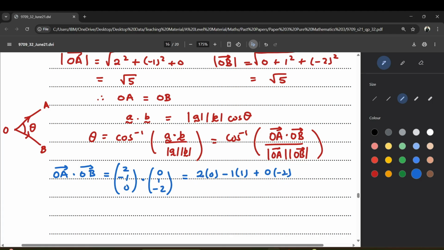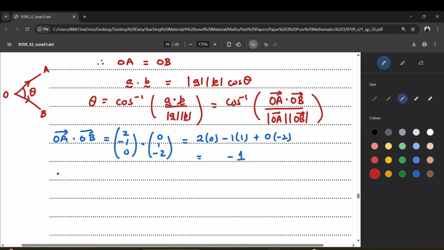So this becomes 0, this becomes 0, so that will be minus 1. Now I can calculate my theta. So that will be cos inverse of minus 1 upon root 5 times root 5. So that will be cos inverse of minus 1 upon 5.